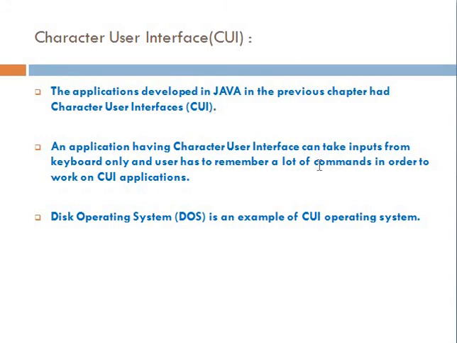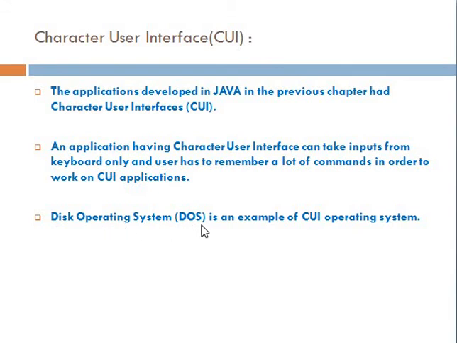And they simply take inputs from the keyboard only, and the user has to remember a lot of commands in order to work on the character user interface applications. And those applications do not support the mouse cursor for easy interaction. And in such cases, communicating with the CUI applications requires a lot of commands to be typed.